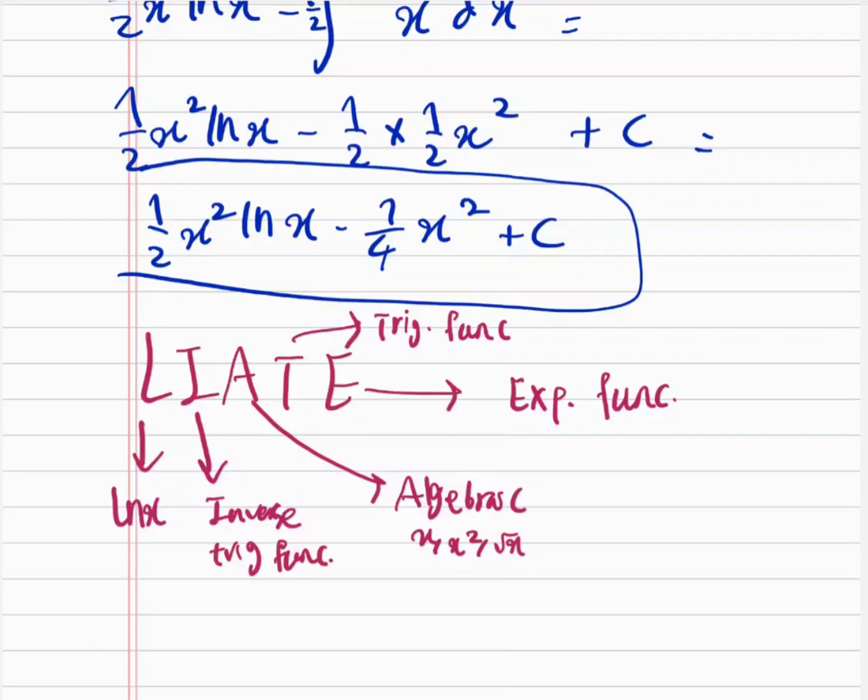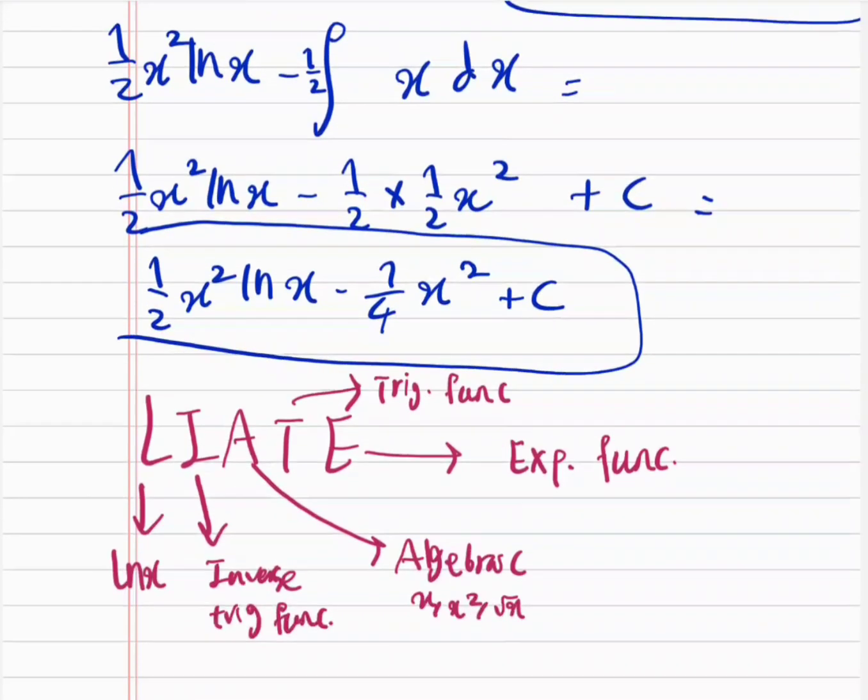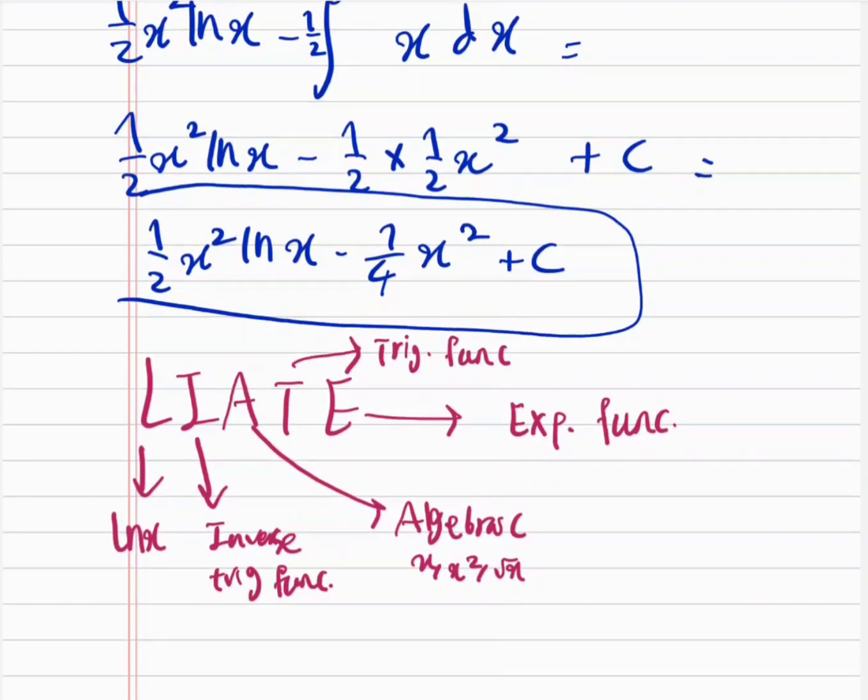Most of the time, even if you don't remember this acronym, you can find out yourself, because if you set the harder function equal to dv/dx, you'd immediately see that it is going to be very complicated. So you can quickly try the other case and see if that's easier. You don't have to memorize this, but it's worth having an idea that this priority exists.